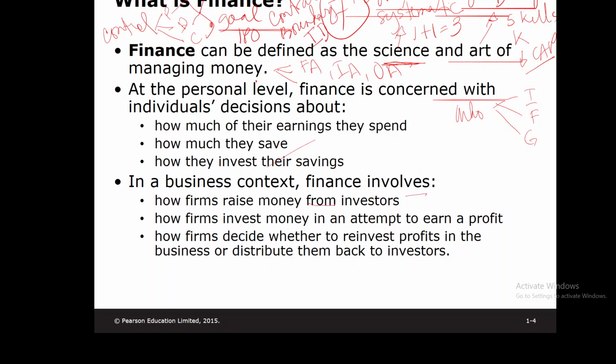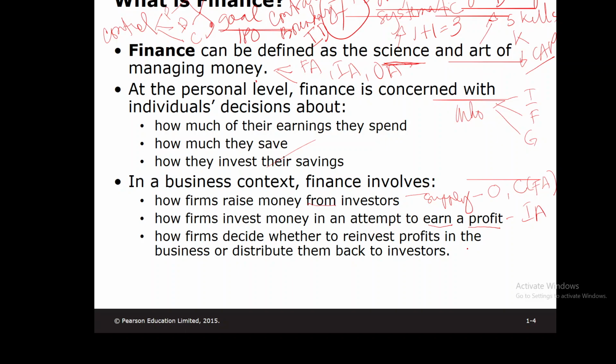So if it is from, you're talking about supply, and supply will be from different stakeholders, focusing on the owners and the creditors. Then how firms invest money. So that would be, if this one is financing, this one will be investing, because you need to grow, you need to earn. Okay.